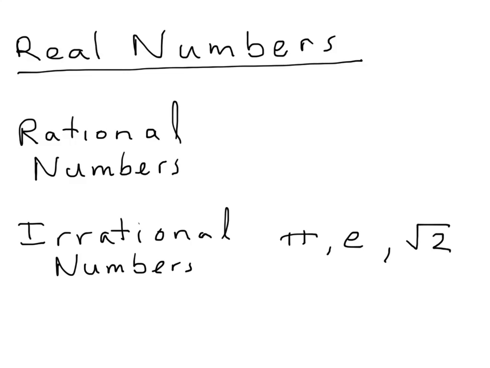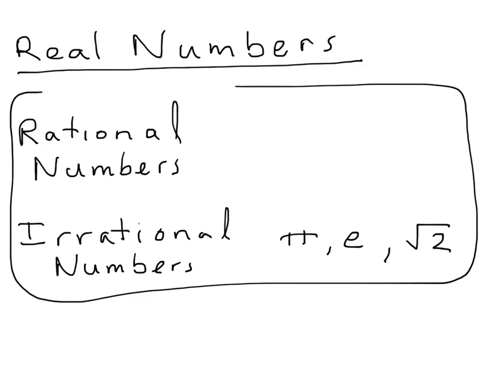And then most square roots that don't give you integer answers, like the square root of 4 is 2, but the square root of 2 is 1.41, and it goes on indefinitely. There's no way that it ends, there's no way that it repeats, and so it is an irrational number. So between the two of those, we get the set of real numbers.